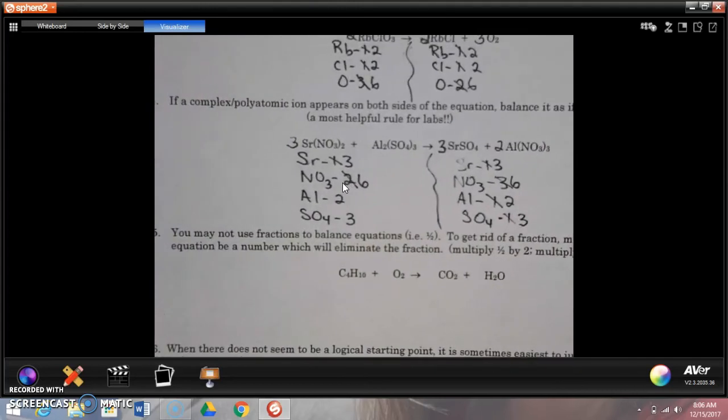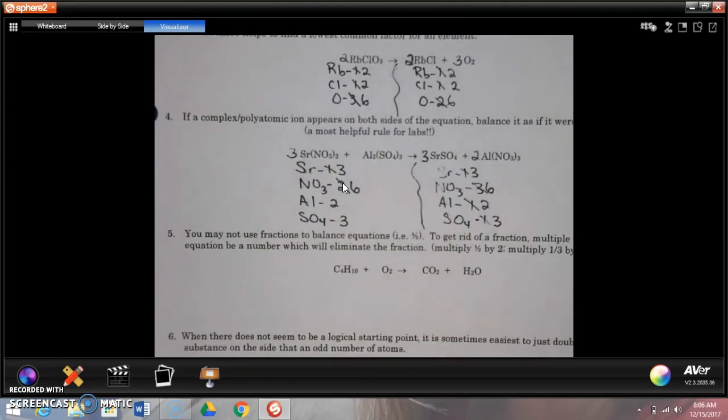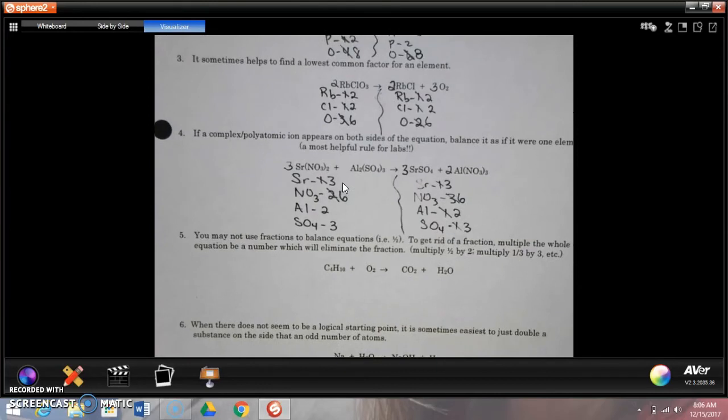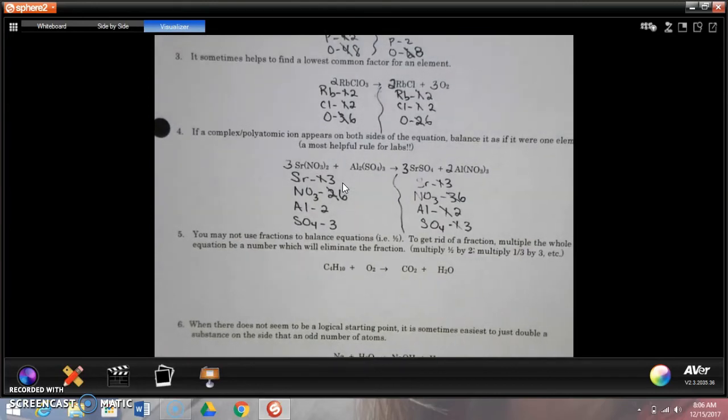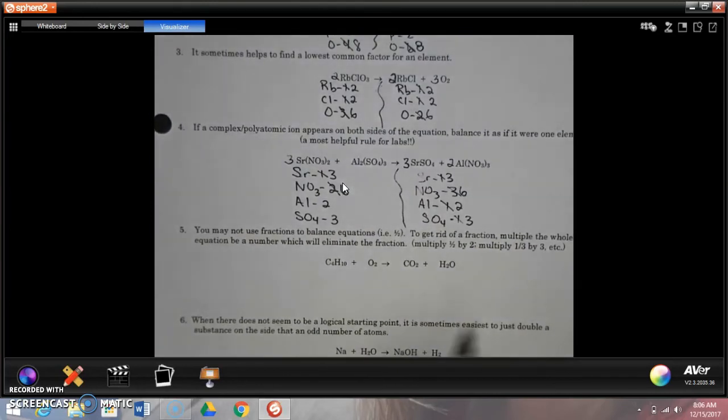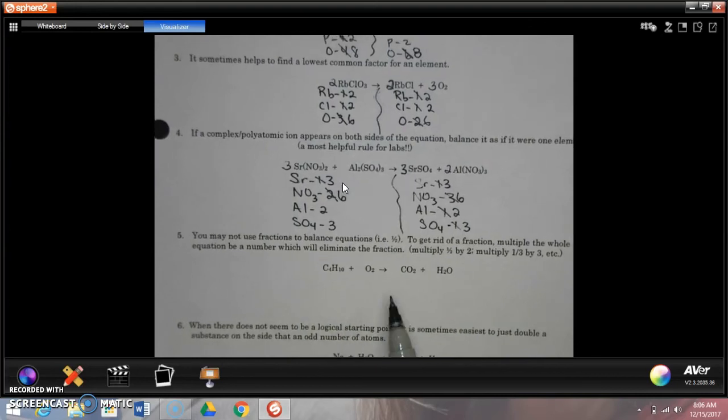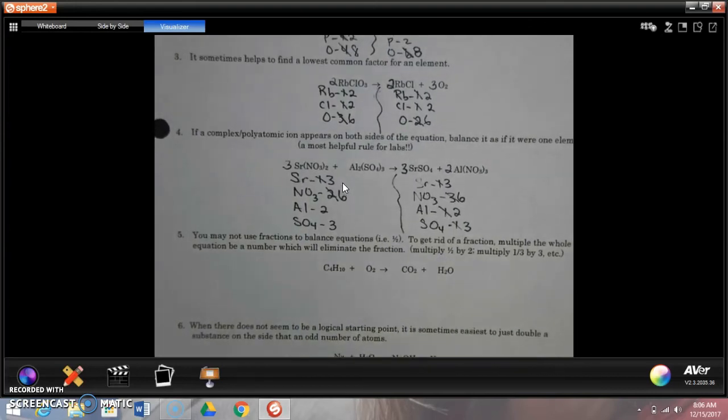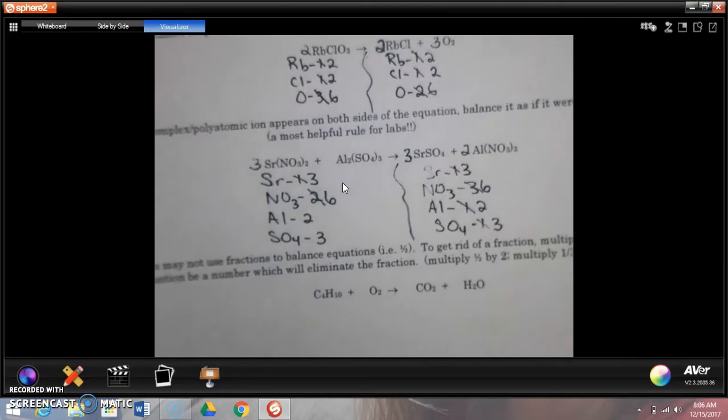Next rule is the idea of if you have to use a half or a fraction in order to balance the equation. So if we take a look first at this one, to balance this, and again we're looking at C4H10, so let me zoom in.